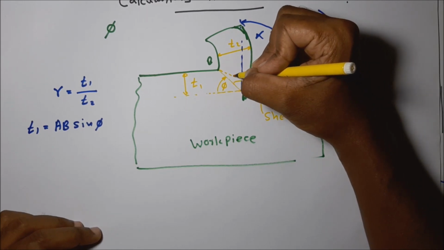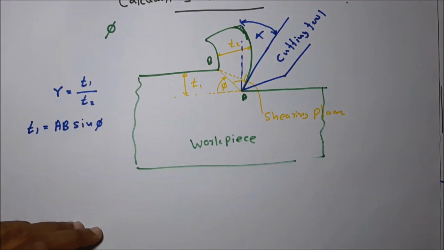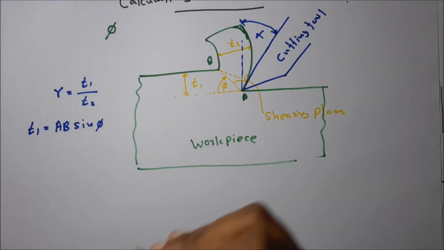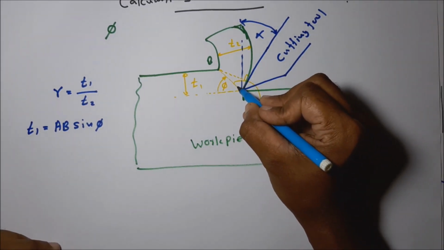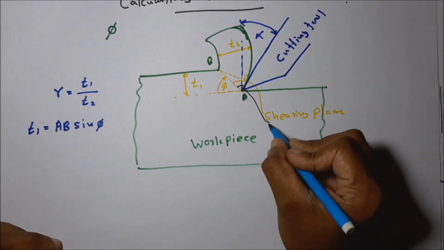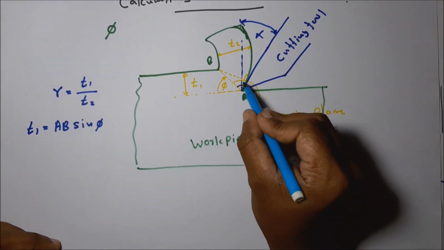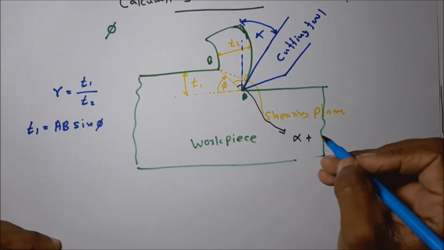Then I will draw the geometric construction for this one also: the perpendicular to this surface from point B. Then what is this angle? Here this angle is alpha. Then what is this angle?